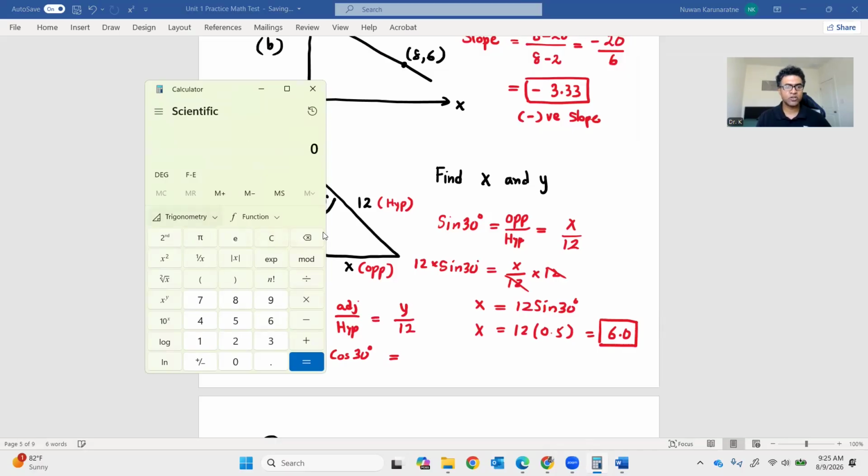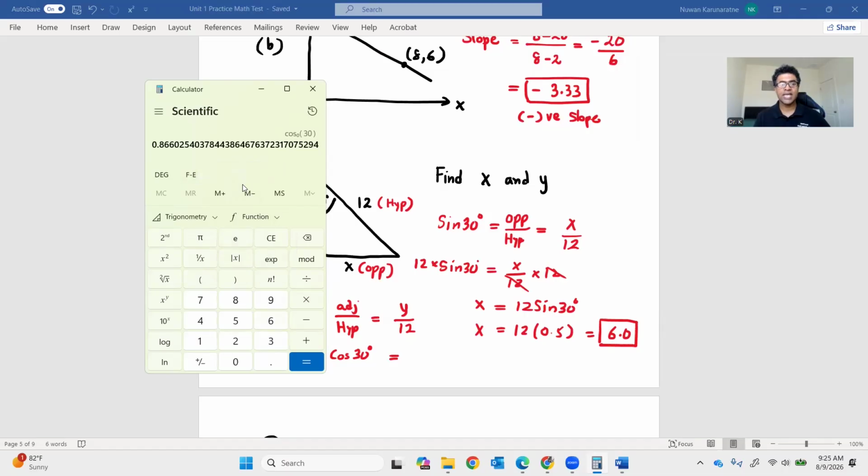Cosine, so trigonometry, I think there's an odd way of doing it. You put the angle first, 30, and this is the calculator that comes with Windows 10. Then trigonometry, use the right function, cosine. Look, cosine 30, 0.866. These values are in degrees, not radians.